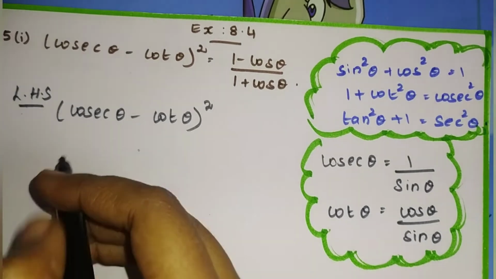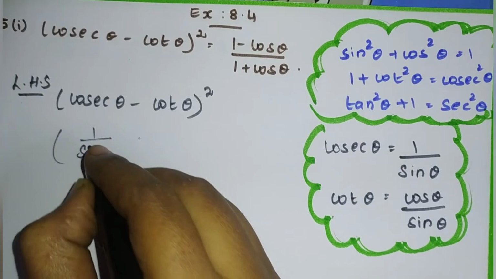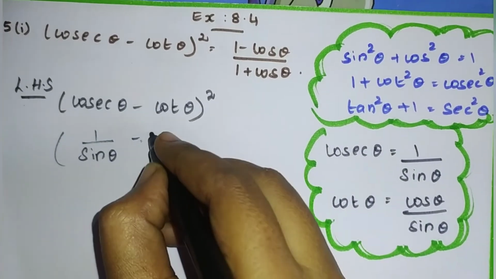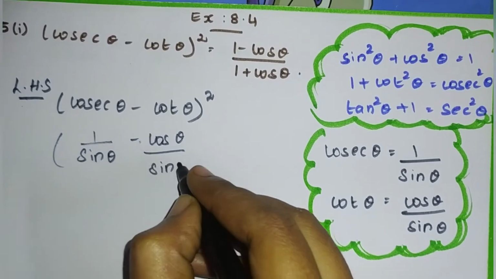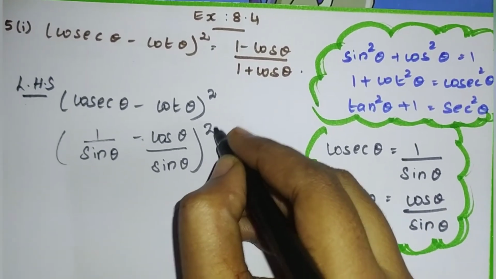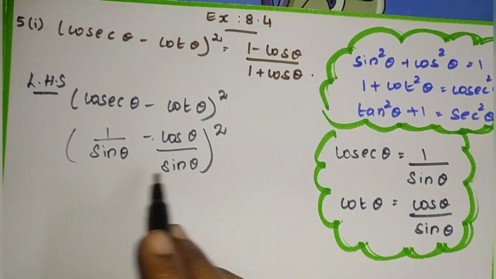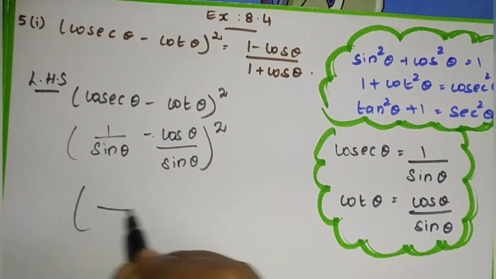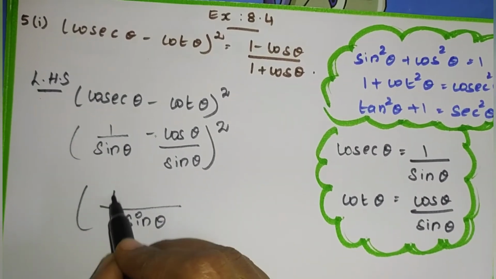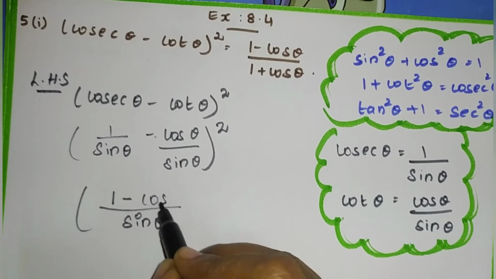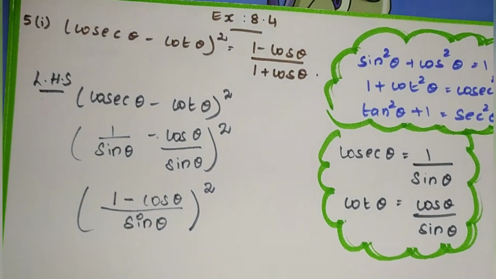Clear? So instead of cosecant theta, 1 divided by sin theta minus cos theta divided by sin theta the whole square. Now take LCM. What will be the LCM? Sin theta. So take sin theta as common and 1 minus cos theta the whole square. Clear?